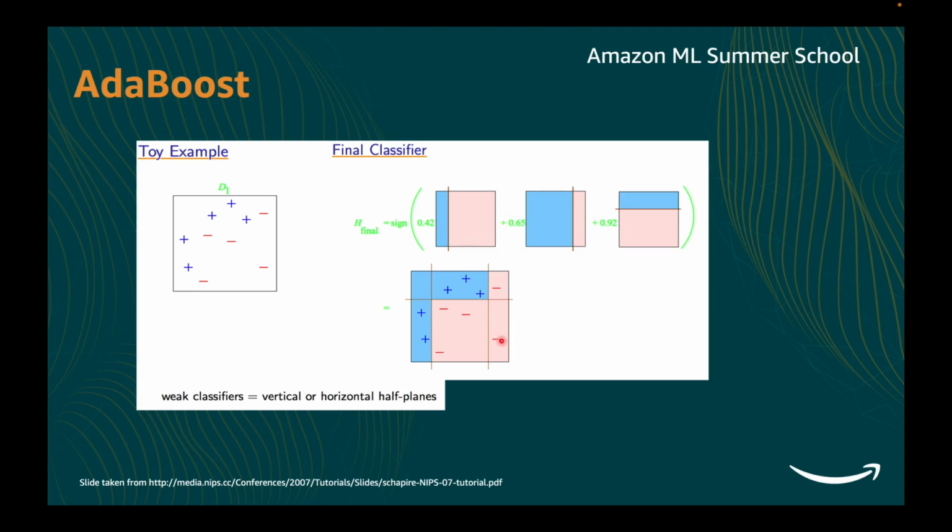The combination of them ends up with this very nice classifier over here, which in the end is able to make a very high quality prediction. And so you're able to get a final model which has very low bias and high training accuracy as well. And usually this is a model which also generalizes well and does well on the test data set as well.